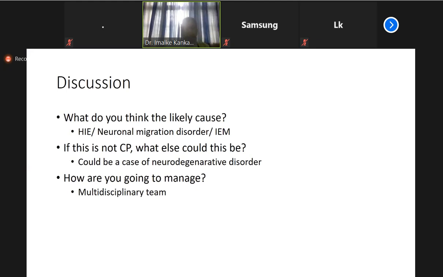Even at the time of presentation, you would have mentioned, I think this child has cerebral palsy, but other possibilities, this child might have a neurodegenerative disorder, as I don't know the trajectory of the development. How are you going to manage? Always start with the term multidisciplinary, and then in the meantime think who are the people you are going to invite.